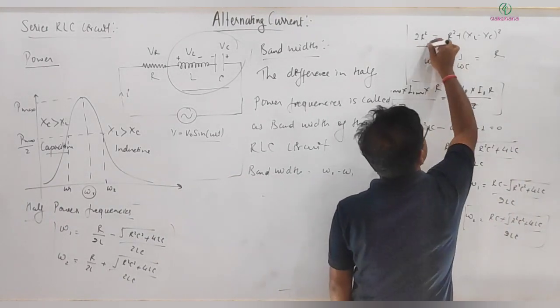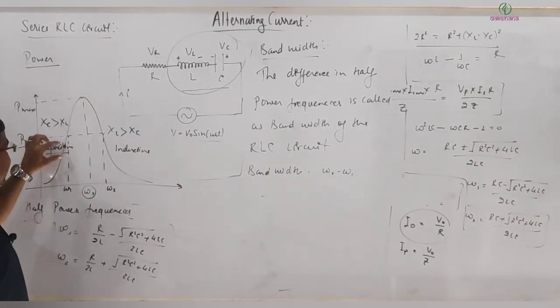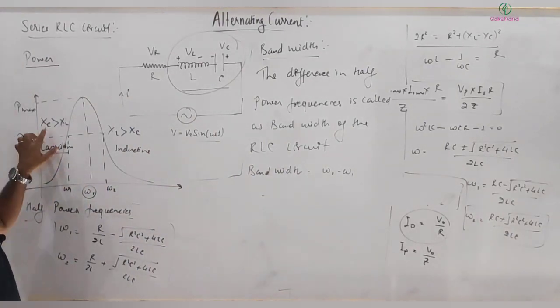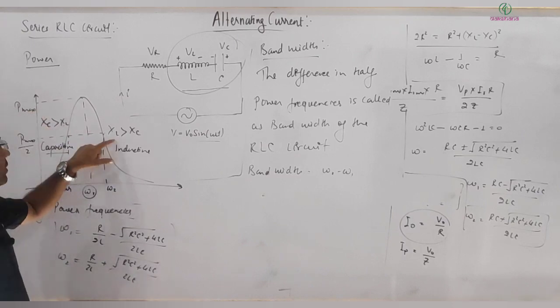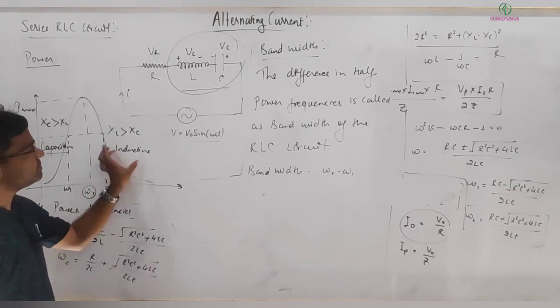So this is the relation we got, and here, as I told, for omega less than this it will be a capacitive circuit, so your XC will effectively be leading, and for this XL will be higher. So I need to substitute things with this sign.